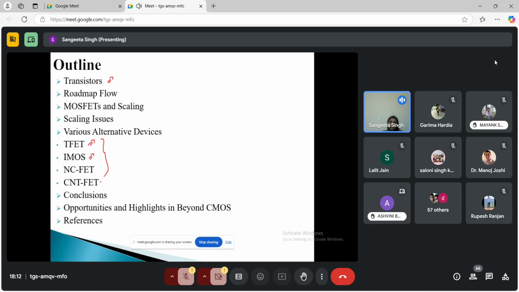Then I'll give you a glimpse of other potential options that are very much there in the literature, but I myself have not worked on them, so I'll simply touch on them and not cover them in much detail.